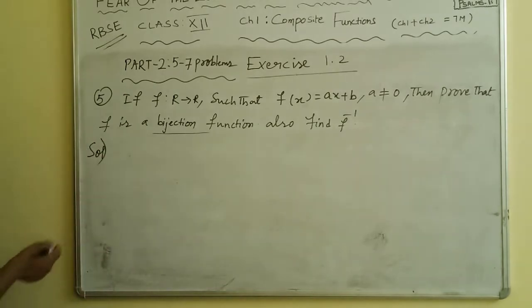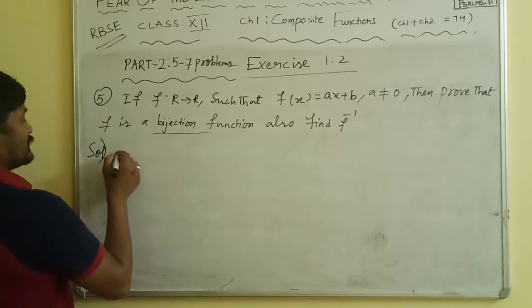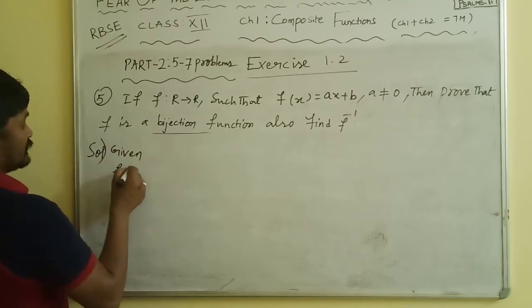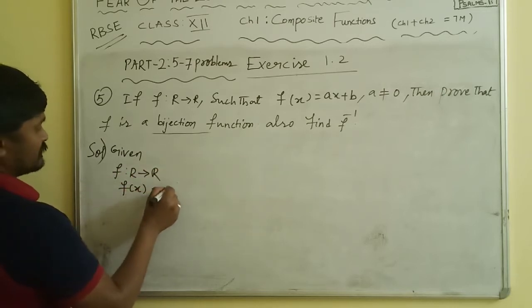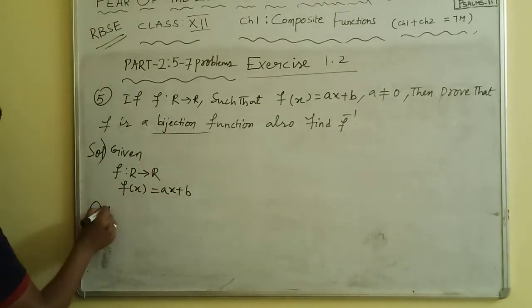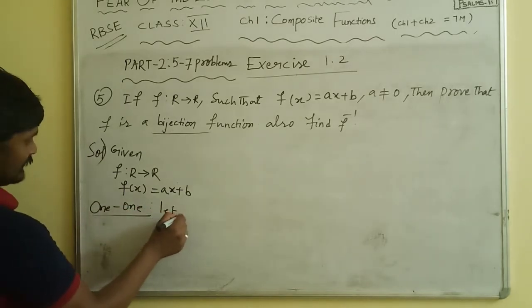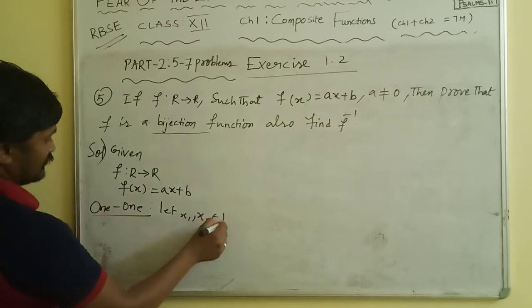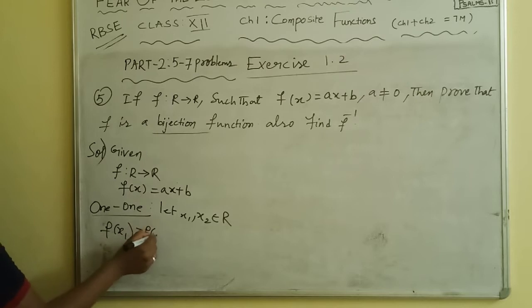It's very simple. We discussed it already in the last class, and we are going to discuss the same model again. First, write what is given: f maps R to R, f of x is equal to ax plus b. Now for one-to-one, let x1, x2 belong to R. Then f of x1 is equal to f of x2.